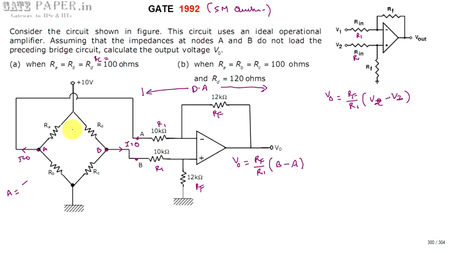Both are in parallel. Now you can use the voltage division rule since the op amp is not loading this bridge. So bridge values can be calculated independently, and voltage at A can be calculated using this equation.